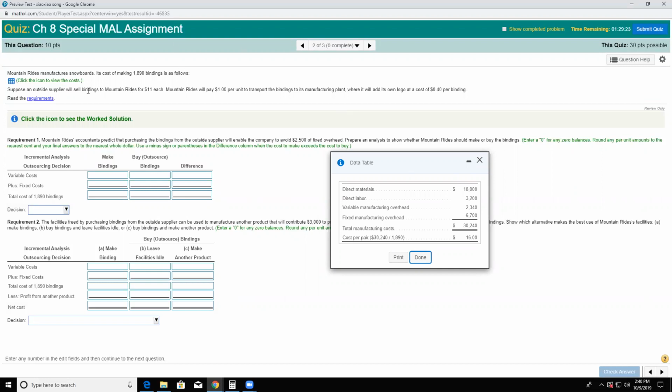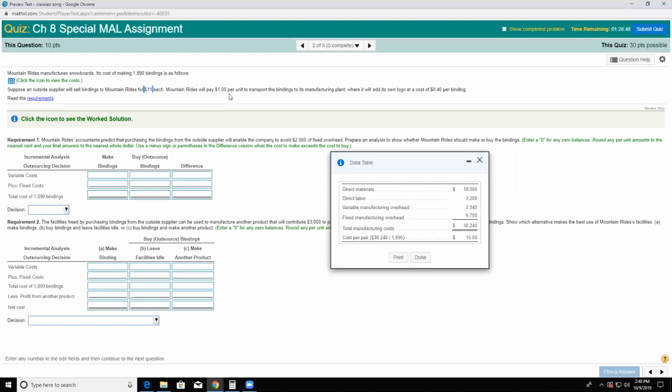And then if you buy, the purchase price will be $11 each, but you also need to pay the transportation fee of $1 each. And then you also have to spend 40 cents to put on your logo. So the total cost of buying is the $11 purchase price plus $1 transportation plus this 40 cents, which is $12.4 for each one you buy.